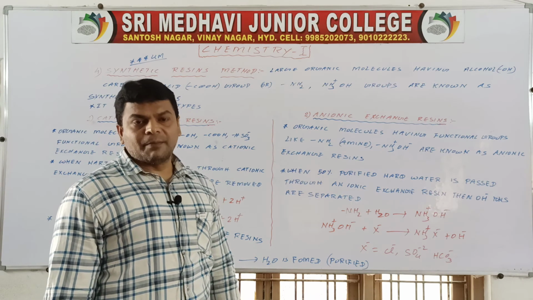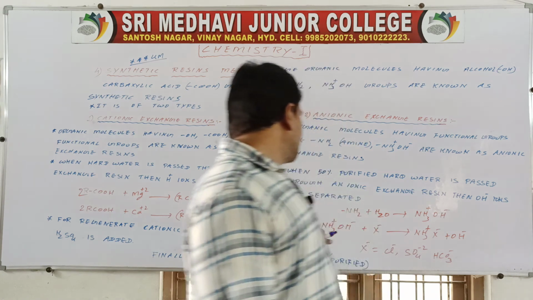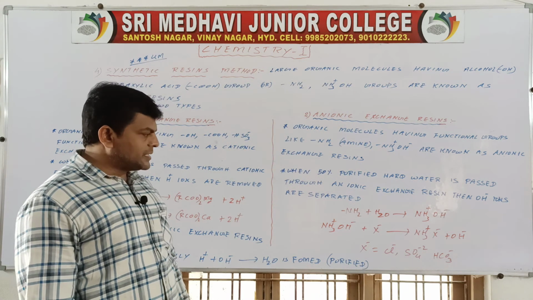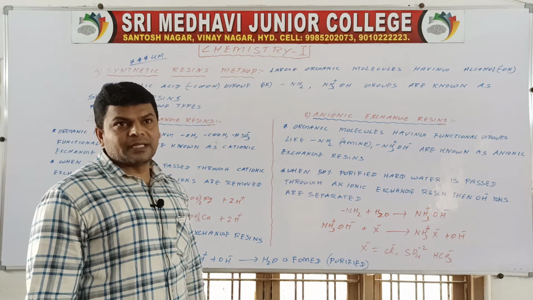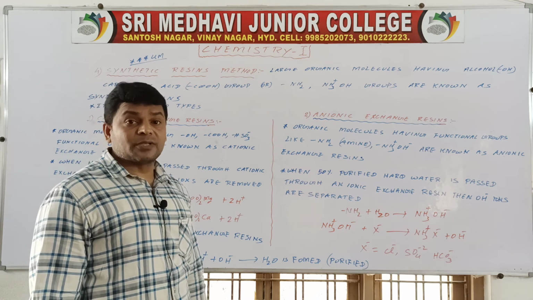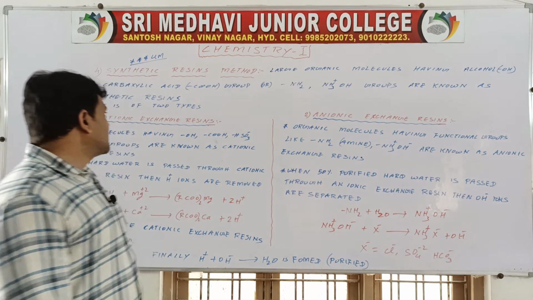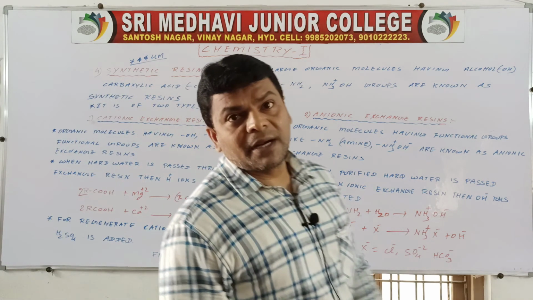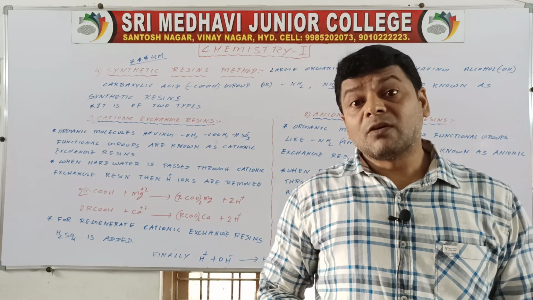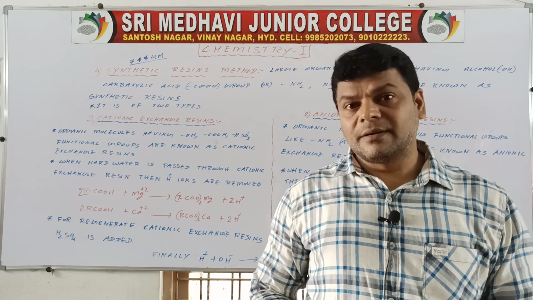For regenerating the anionic exchange resin we add aqueous sodium chloride, that is nothing but a brine solution. So this is briefly removing permanent hardness from water by the synthetic resin method.